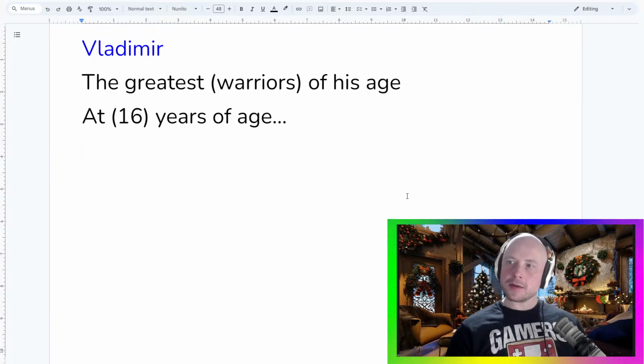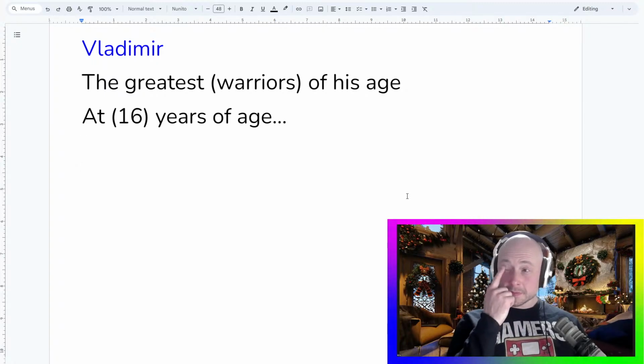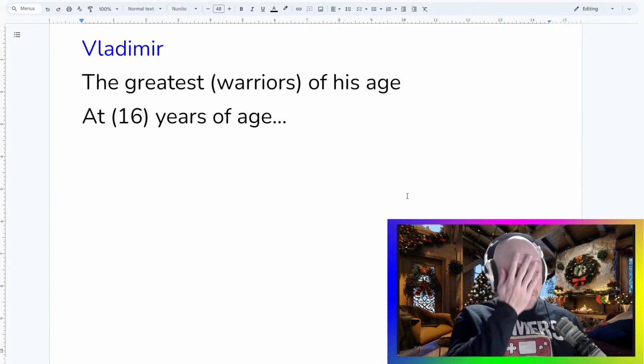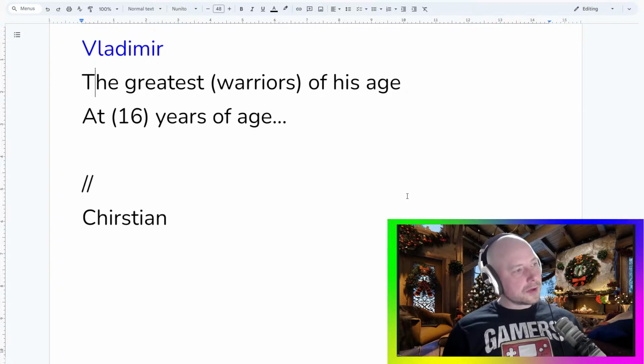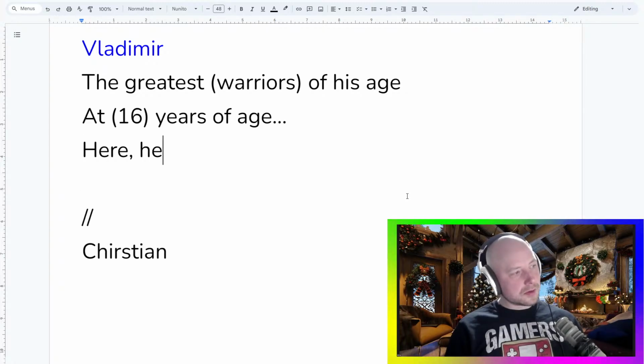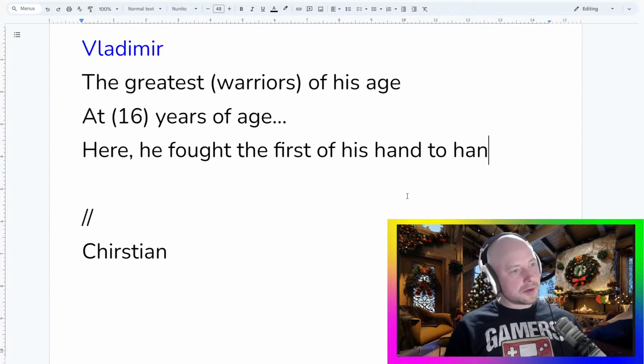But within a few months, a huge Viking army sailed up the river Thames and attacked Wessex. They captured Reading, threatening to end Christian civilization in the British Isles. Here, Alfred fought the first of his hand-to-hand battles with the unrelenting pagan pirates. Alfred was crowned King of Wessex.